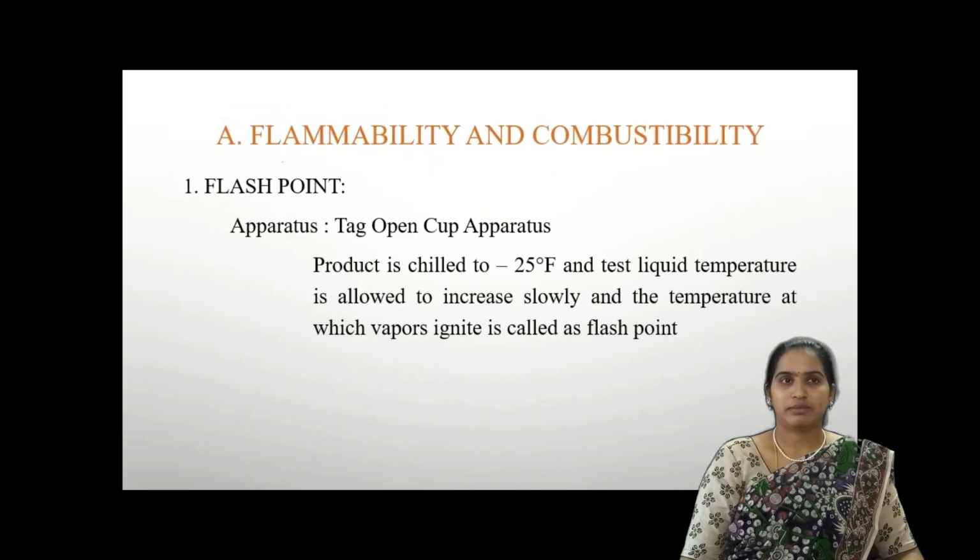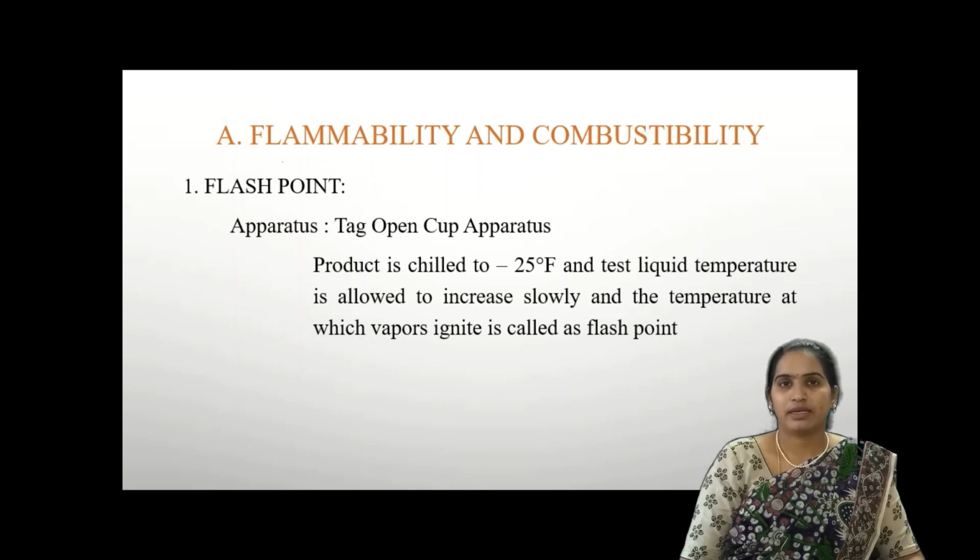Flammability and combustibility. Flash point. To determine the flash point, the apparatus used is the Tag open cup apparatus. In this test, the product is first chilled to minus 25 degrees Fahrenheit and then filled into the apparatus.